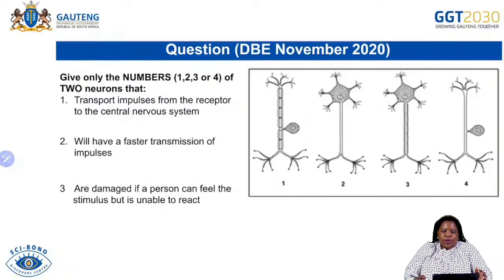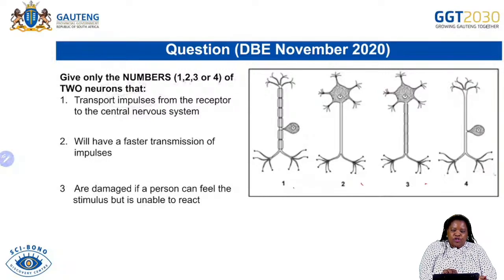Now, DBE question paper 2020. Give only the numbers 1, 2, 3, or 4 of two neurons that transport impulses from the receptors to the central nervous system. You are given types of neurons there. We've got neurons 1, 2, 3, 4. Remember, for you to know which one is which, you look at the position of the cell body.